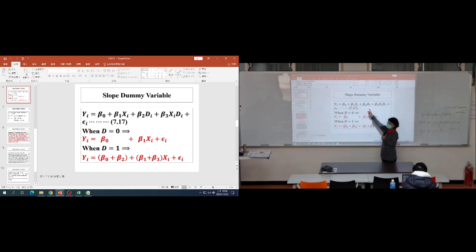Even when we do the hypothesis testing, X is involved with this term, and if I test D, D is involved with this one, so we need to do the partial F test for these two together, not just one.